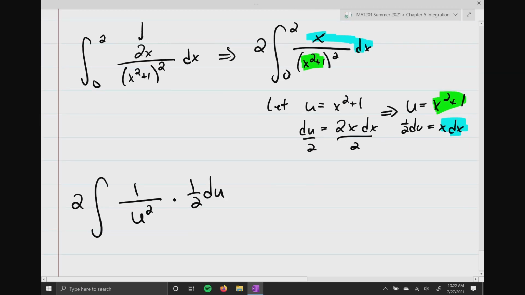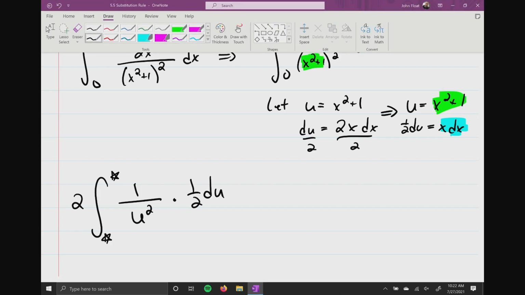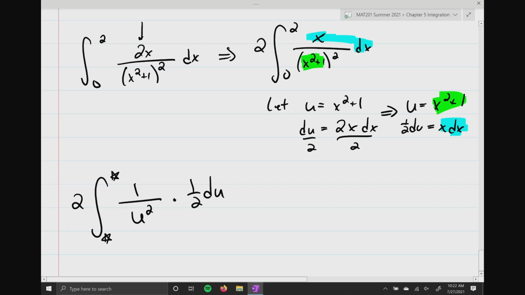Now, before I even go further, I want you to notice that I did not write something. And that something I didn't write were my upper and lower limits of integration. And the reason why I didn't write them is because these limits of integration, even back in the original problem, they are x values, okay?